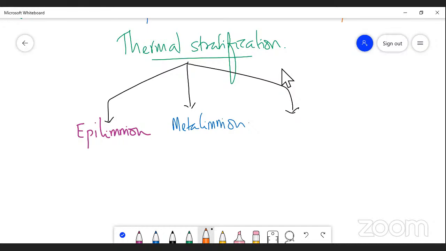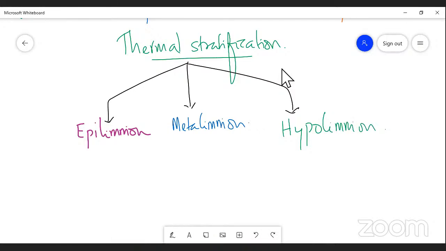Whereas the bottom of the water is called hypolimnion. Hypo means below, the bottom of the water body in a pond.